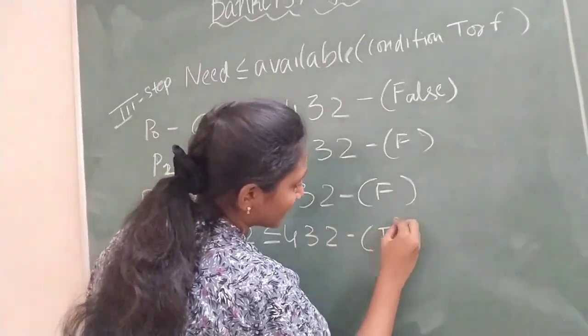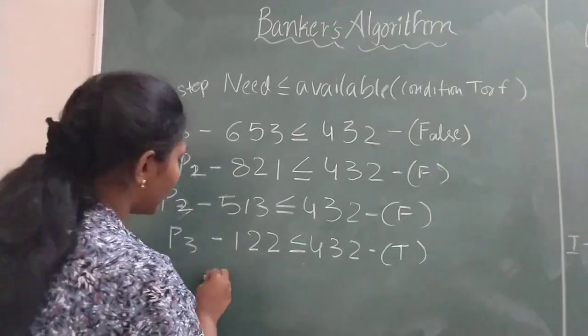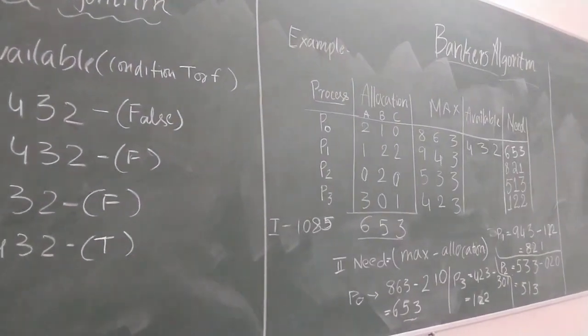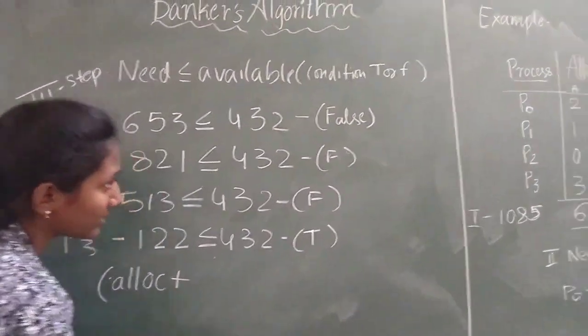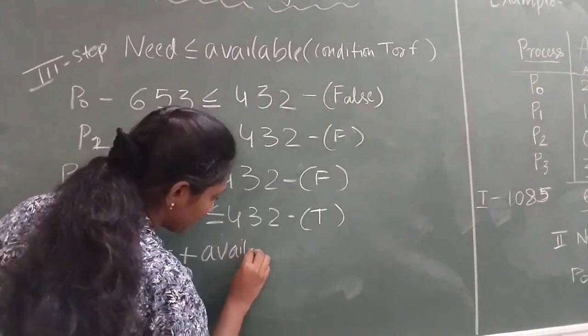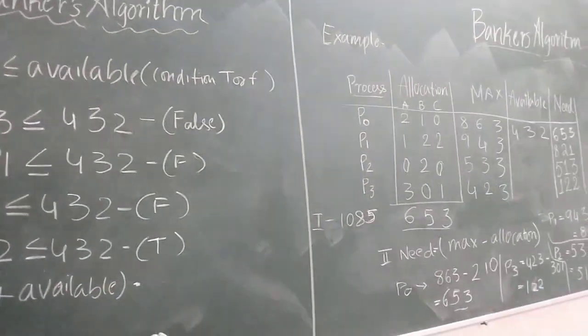Here the condition is satisfied. So when the condition is true, we have to add allocation plus available. This will be our new available.